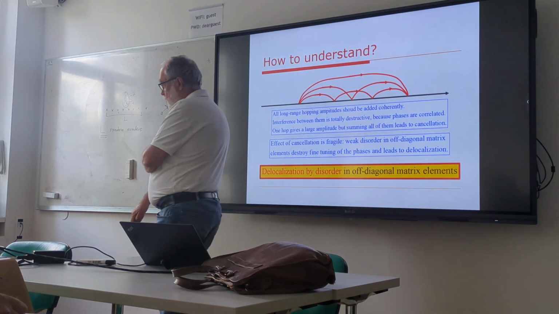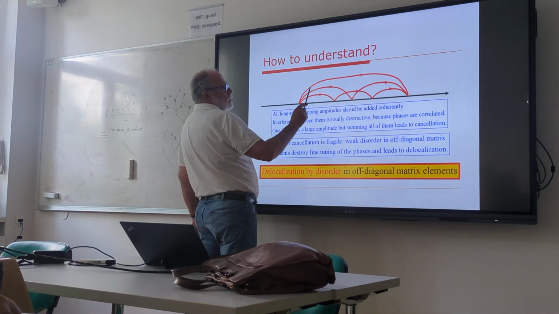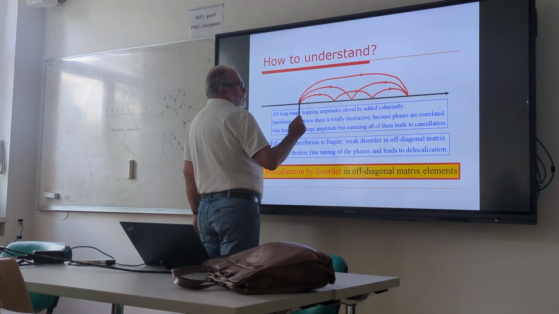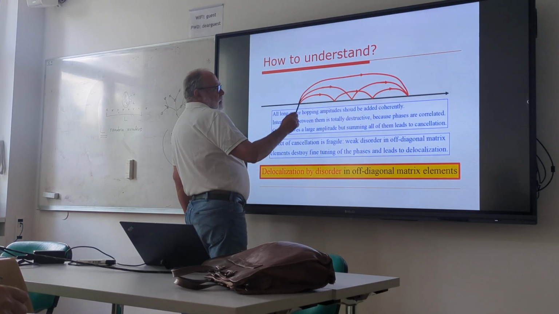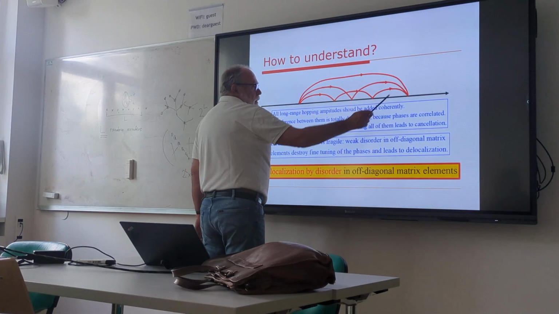In quantum physics, you have to take into account the amplitude of hopping between two remote sites with one hop. Then there is another possibility to hop half the distance and then another half.